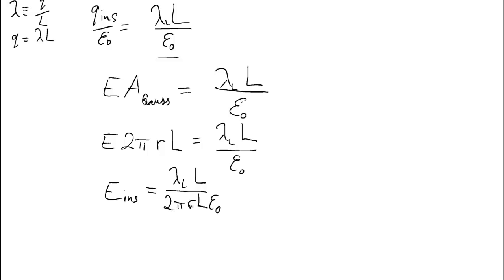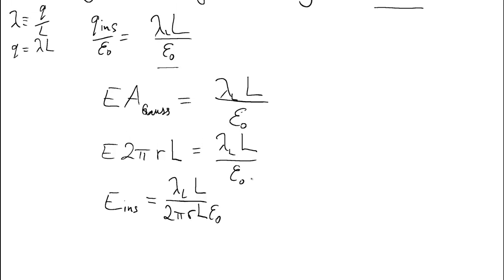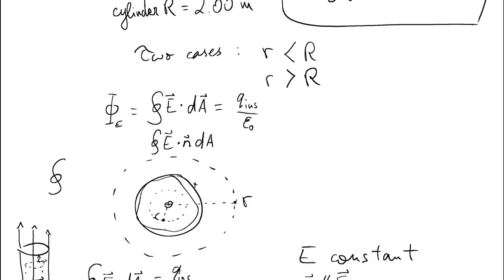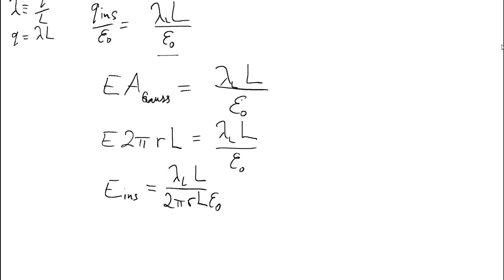Now we can plug in any radius for our Gaussian cylinder, but we were asked in the beginning at any distance r, so we're going to leave that open. We're going to leave it as just whatever r you want it to be, as long as it's inside of the cylinder, and the lengths cancel, which means we get this final equation that the electric field inside is equal to lambda L divided by 2 pi epsilon 0 r.